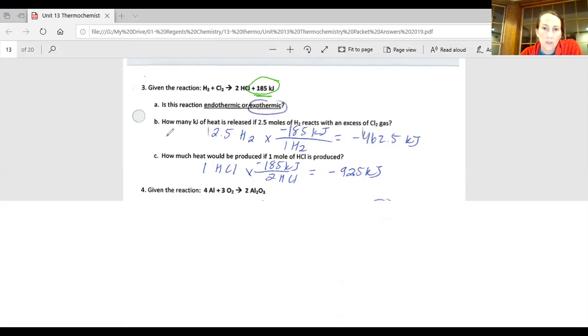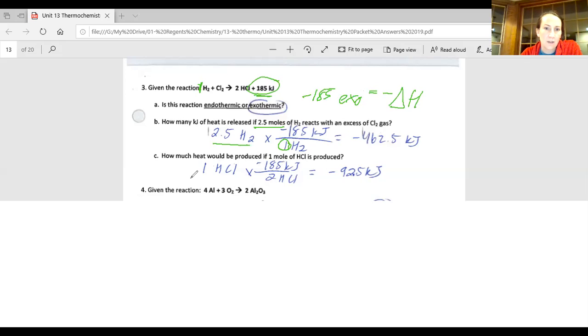So in letter B, how many kilojoules is released? If this is what you're starting with, 2.5 moles of H2. The 1 came from the 1 in front of the H2 up there, and then the negative 185. I made it negative 185 because it's an exothermic reaction, and exothermic reactions always have a negative delta H. Multiply that together, negative 462.